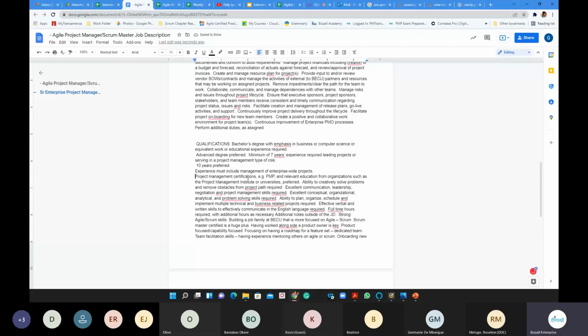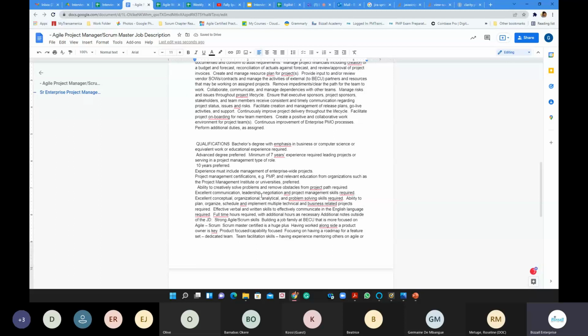Project management certification, PMP, or relevant education from an organization such as Project Management Institute or a university preferred. Ability to creatively solve problems and remove obstacles from the project path required.